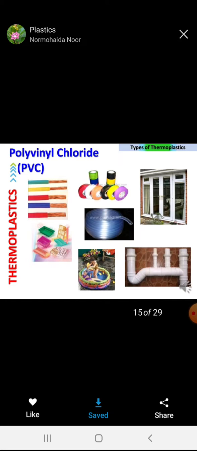Then PVC, polyvinyl chloride, commonly referred to as PVC or vinyl, was first invented in Germany, and it didn't become a useful product in the US at first. It became particularly useful during World War II, when it was used as a substitute for rubber, which was in short supply.